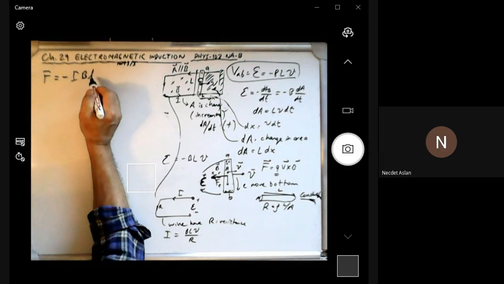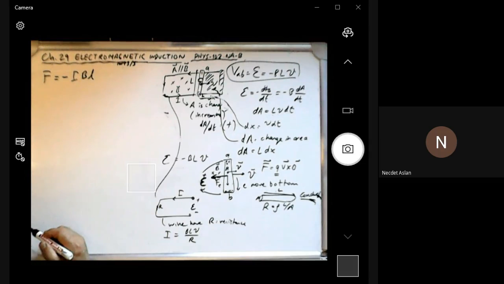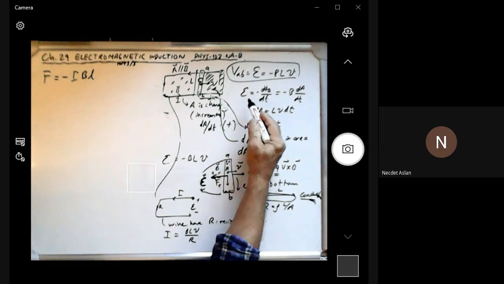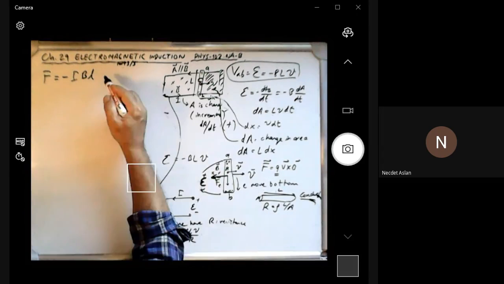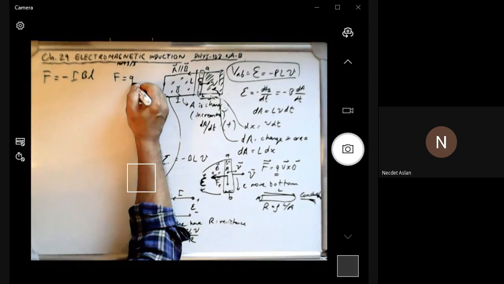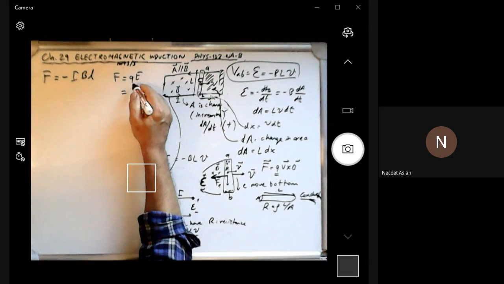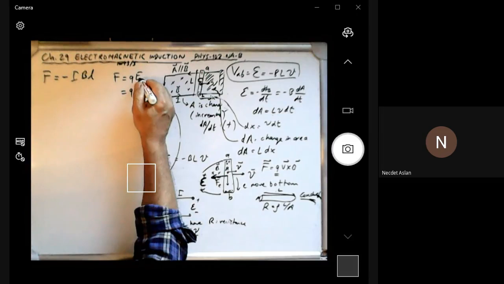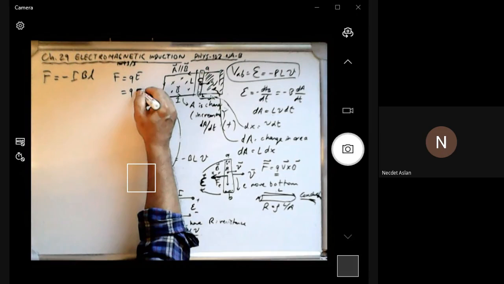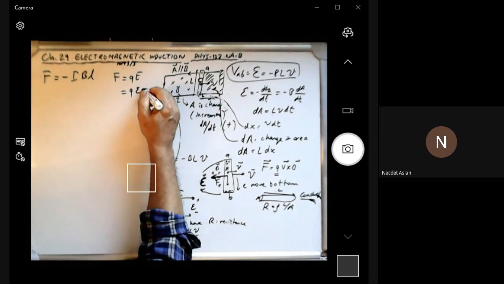Why? Because we have this expression BLV, which is epsilon, and remember that F is equal to Q E, but E is epsilon divided by L, right?